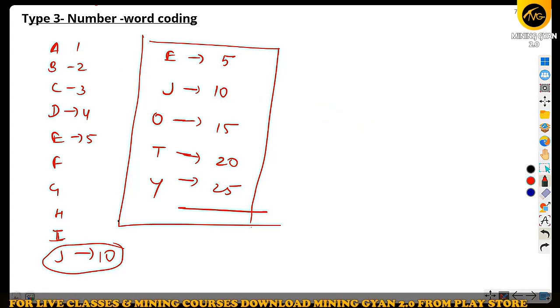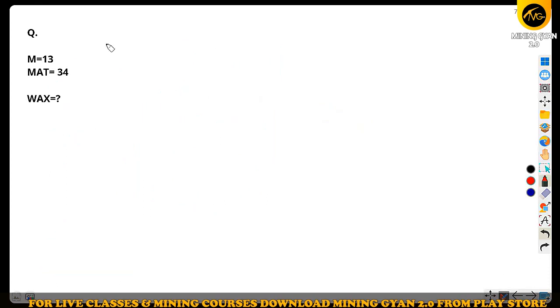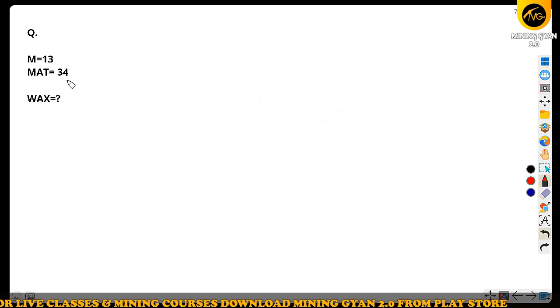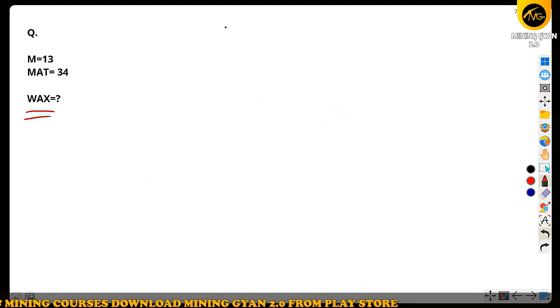Is it clear? Okay, now the questions. The first question is: M is decoded as 13 and MAT is decoded as 34. Then how can you decode the word?